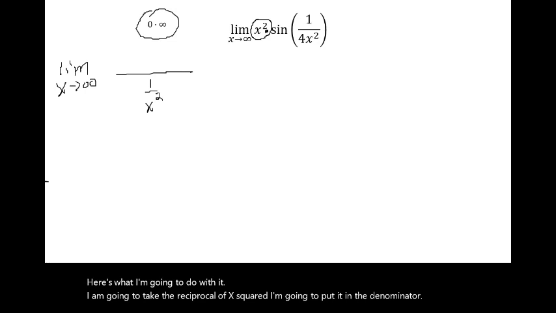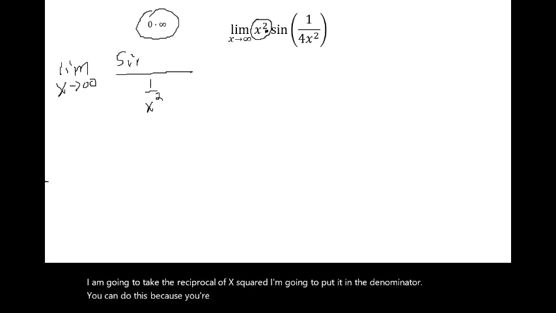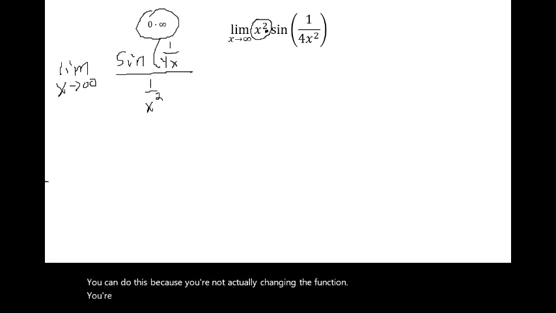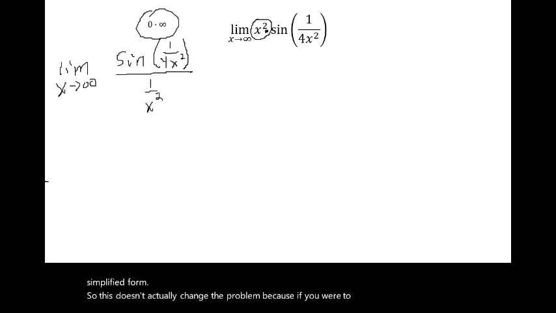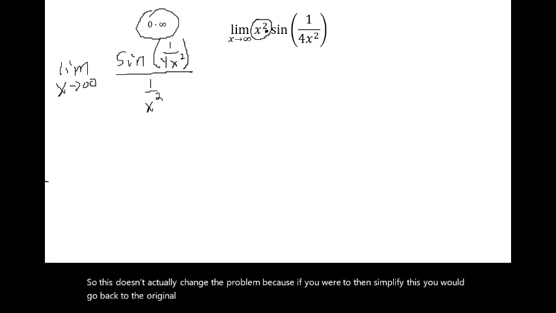You can do this because you're not actually changing the function. You're just unsimplifying it, writing it in a very unsimplified form. So this doesn't actually change the problem, because if you were to simplify this, you would go back to the original function. However, if you write it like this, here's what happens when you do a direct substitution.